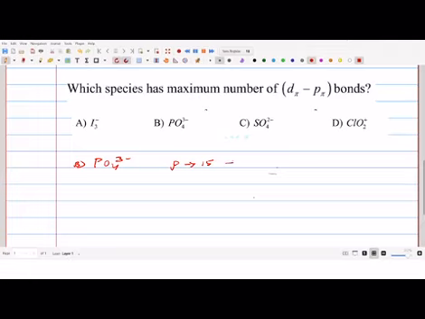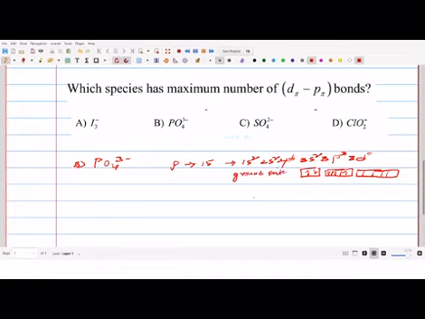The electron configuration of phosphorus is 1s2, 2s2, 2p6, 3s2, 3p3, and the 3d energy level is empty. In 3p there are 3 electrons, and there are 5 d orbitals, all empty. This is the ground state configuration.